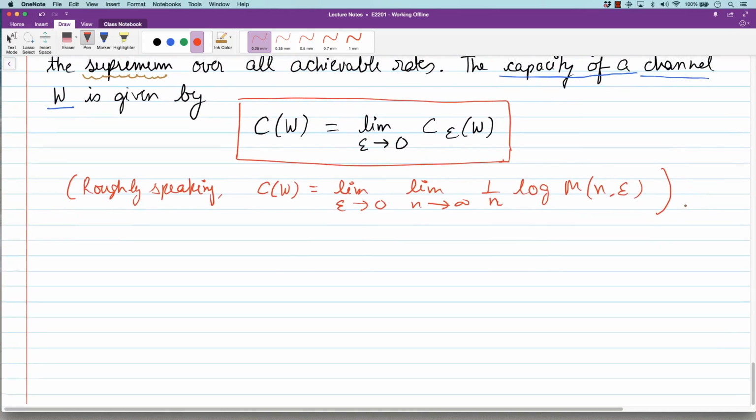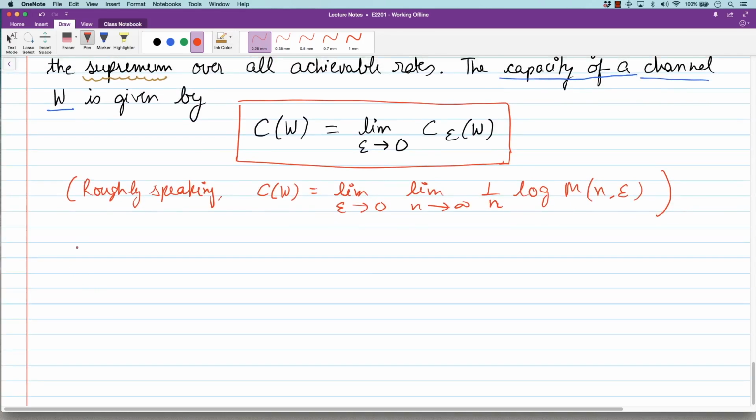So one of the most fundamental theorems in information theory is this result called Shannon's channel coding theorem.